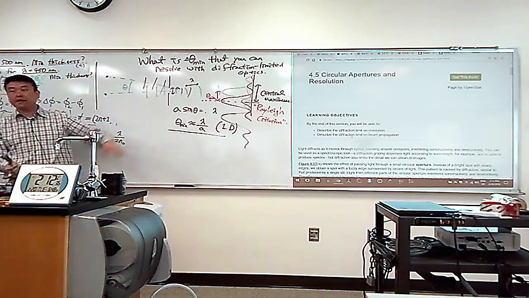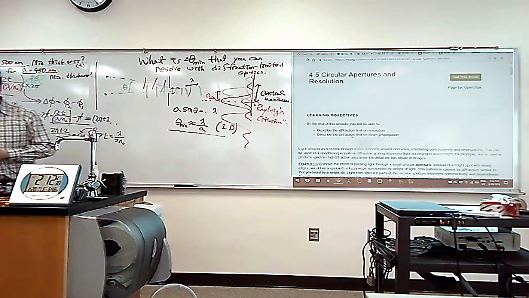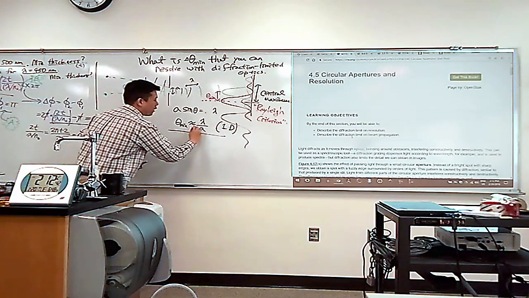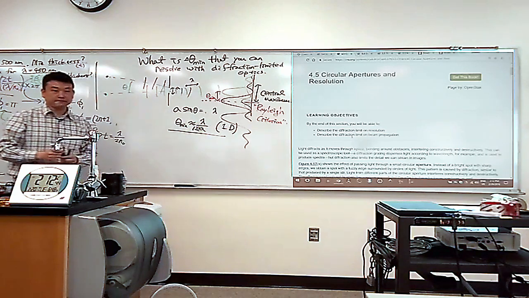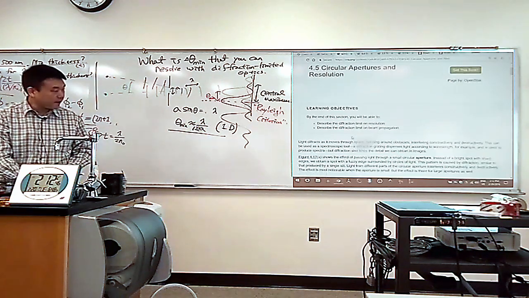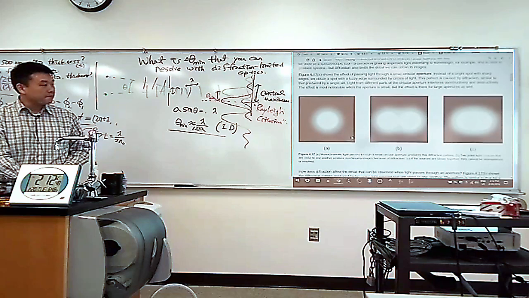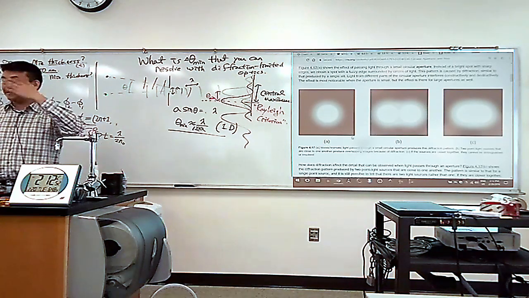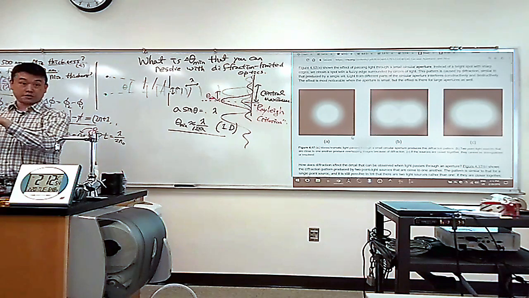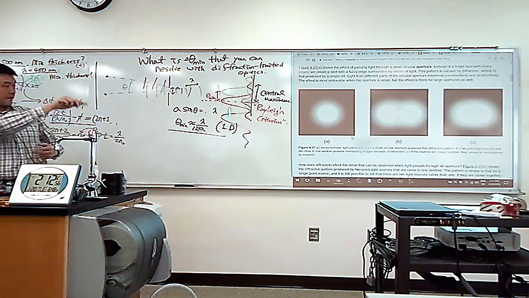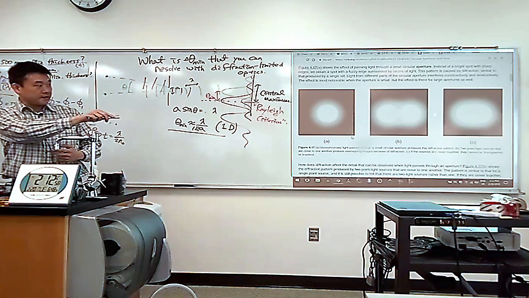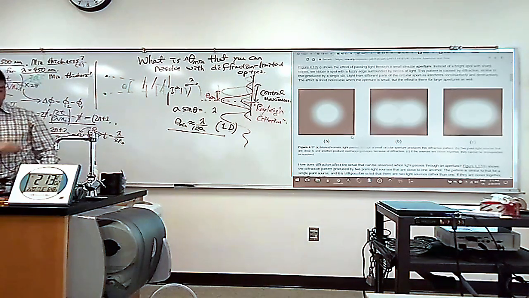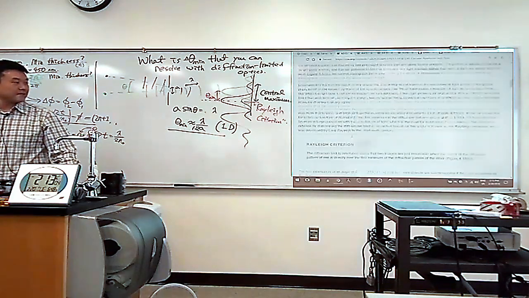When you actually look up the Rayleigh criterion in your textbook, there's going to be a small number here. It's going to be 1.22 lambda over A. That's because most of the time when you're dealing with optics, you're not dealing with a slit. You're dealing with a circular aperture. So instead of this kind of overlap, you are thinking of this kind of overlap. So that's where this factor of 1.22 comes from, at least I'm told.